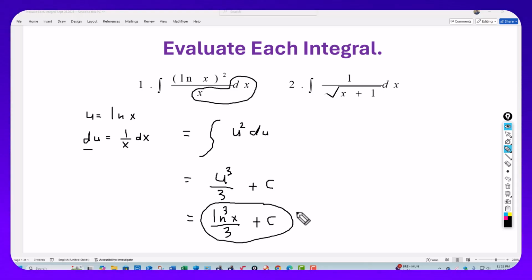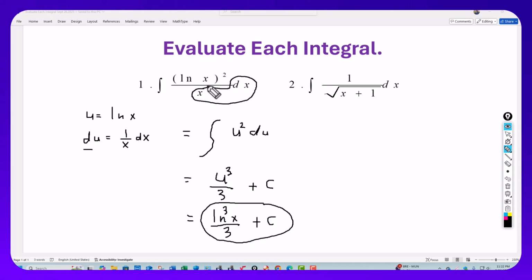Now for the heck of it, just go ahead and check this one. Got this to a power of 3, so that's 3 comes out in front. 3 and 3 cancel, then you subtract 1 from the 3. It gives you ln of x squared. And then with the chain rule, you take the derivative of ln of x, and you get 1 over x.